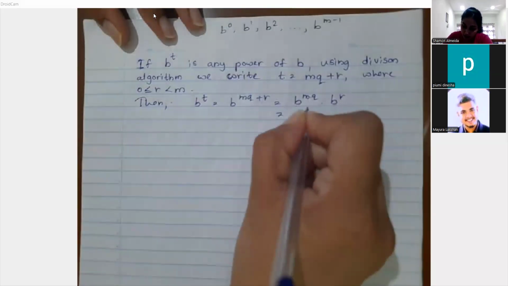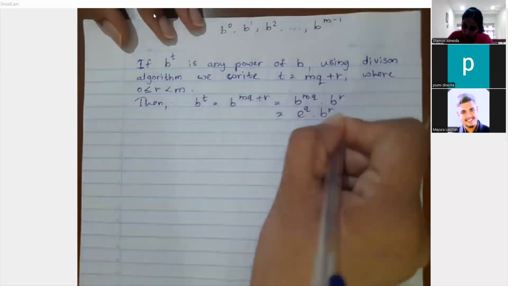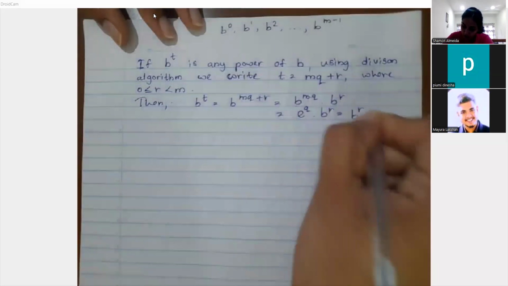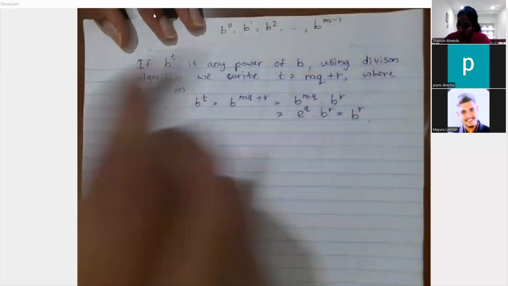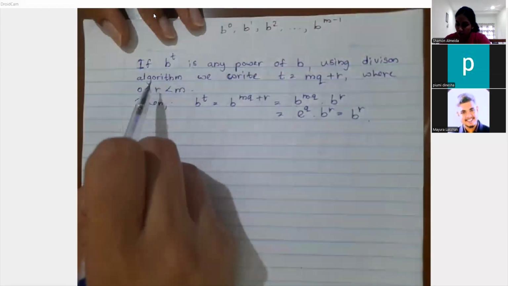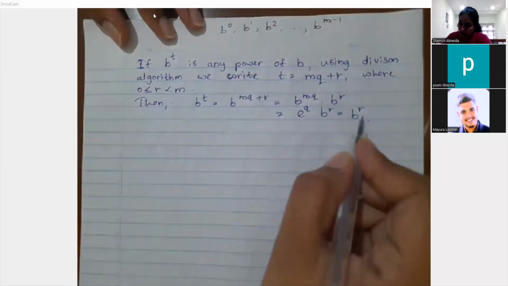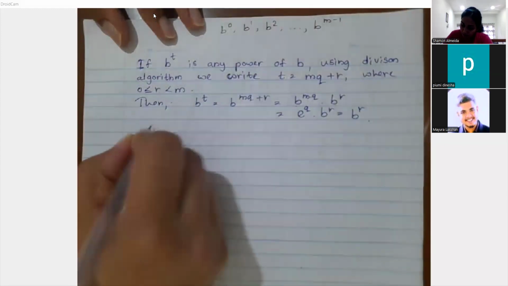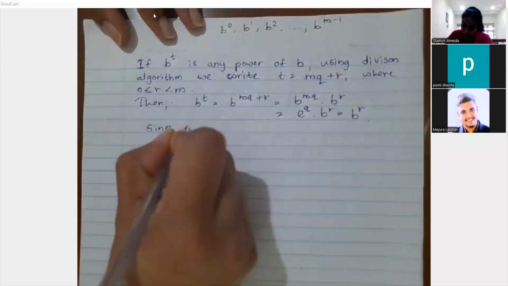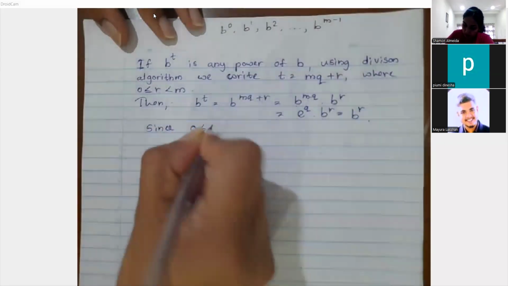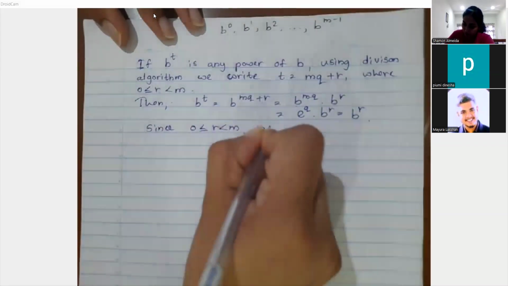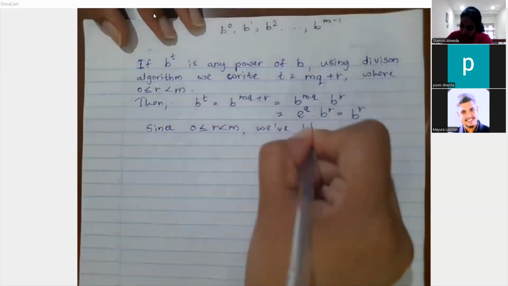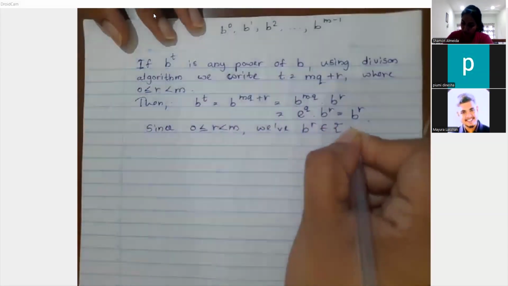So we have identity raised to the power of q. This simply is B^r. And what does this tell you? R is any element between 0 and m. R is either equal to 0 or less than m. We have B^r to be an element in the set.